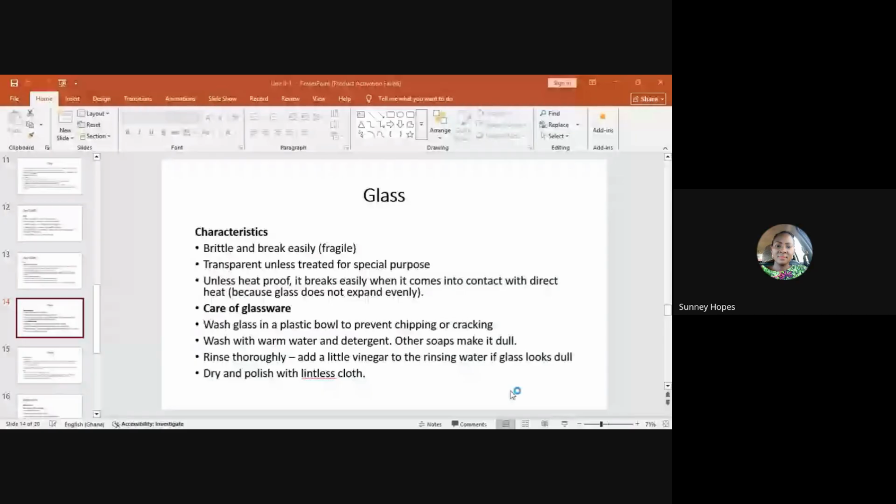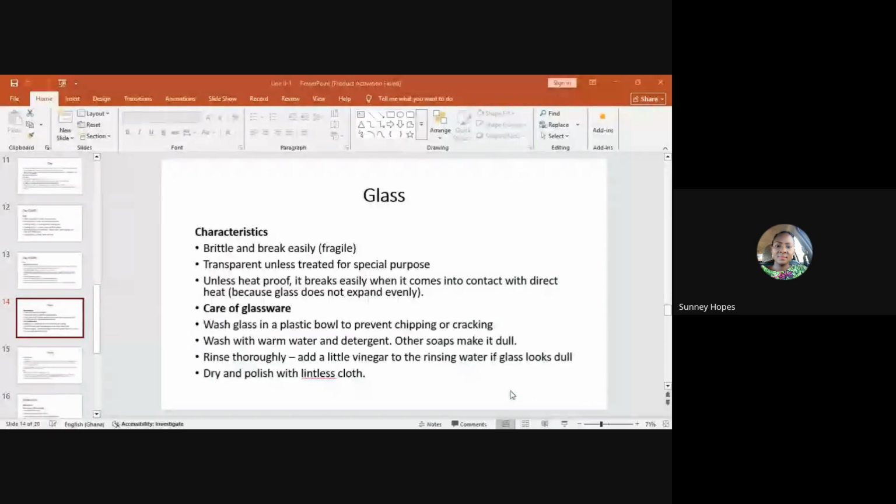Yes, please. I separate the glass from others, like what my sister said. I always put it in a separate rubber container, because if I put it in the silver or metal one, it can crack or break.